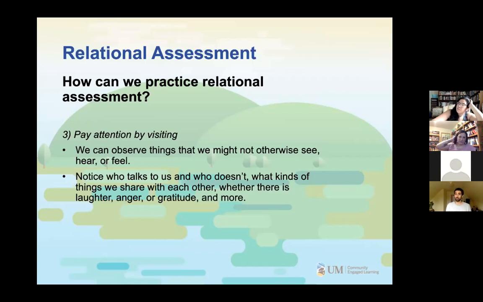We can notice who talks to us and who doesn't, who talks to us more, who's more comfortable around us, what kinds of things we talk about when we're just hanging out, whether there is laughter, gratitude, anger, or other emotions. So it's just a matter of paying attention to our interactions, the quality of those interactions, and what they say about the relationship that we hold with our partners.